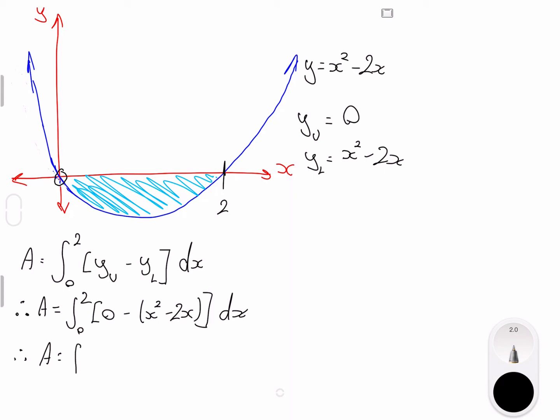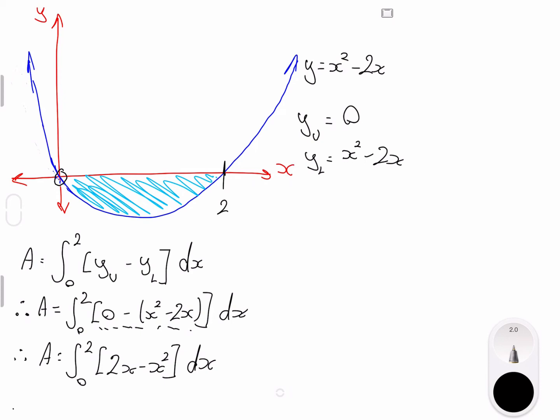So, this part in here is just going to be equal to 2x take x squared. Now, why is it 2x take x squared? Well, remember, we're taking x squared take 2x, so minus a minus makes a positive, and minus a positive makes it negative, so we're basically swapping the terms around.